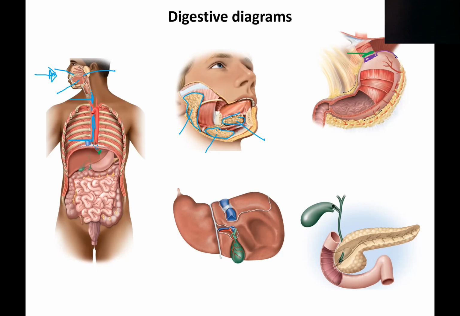The domed upper region is the fundus of the stomach. The body of the stomach is the main portion. And then the narrow area is the pyloric stomach. It terminates with the pyloric sphincter.